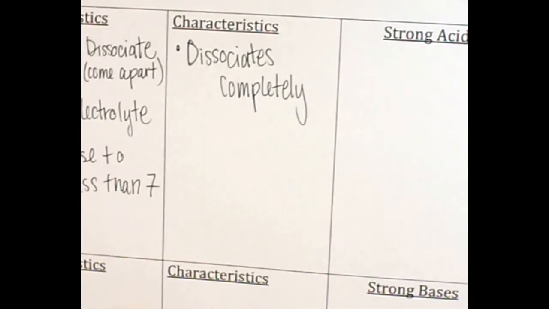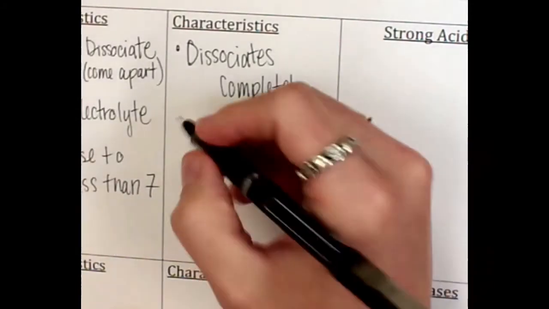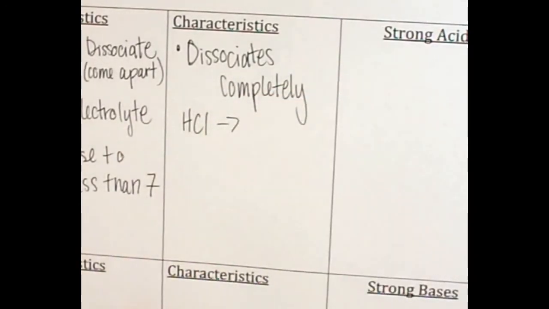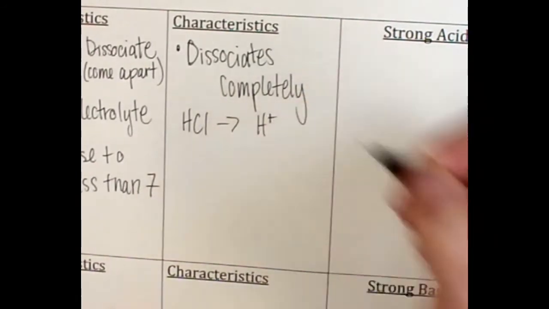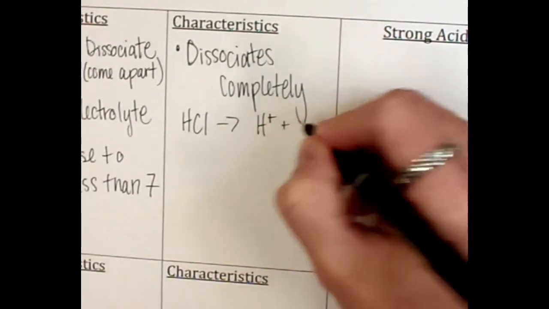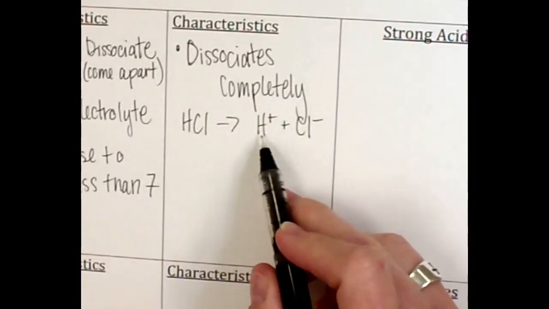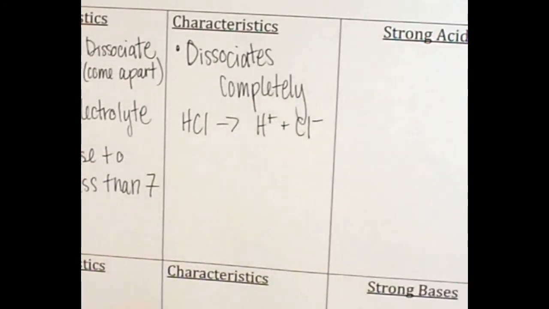So if you wanted an example of that, if I had HCl and it were to completely dissociate, to break apart, then it would break up into my H+ ions and my Cl- ions. So we had a cation and an anion, breaking apart into their charges. Now, since weak acids are weak electrolytes, what do you think a strong acid would be?